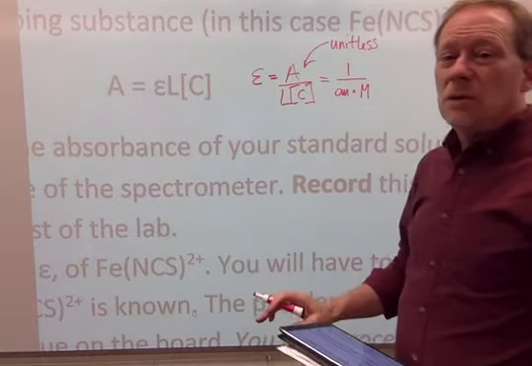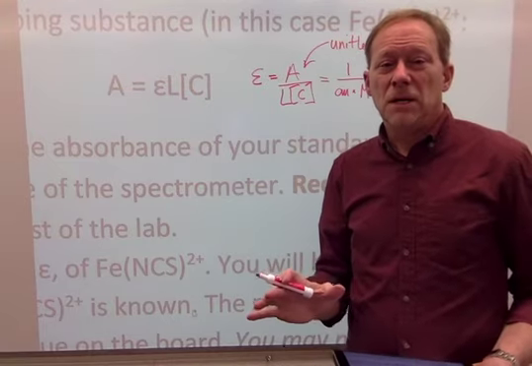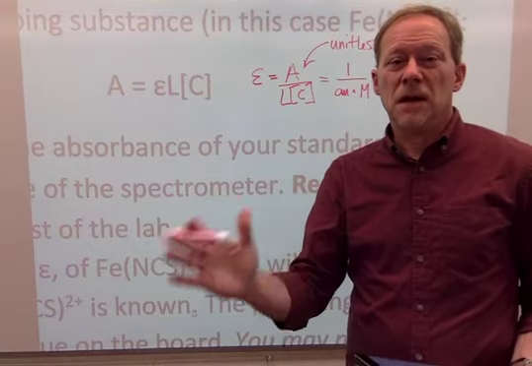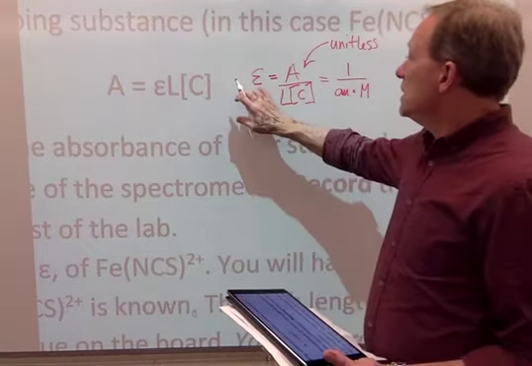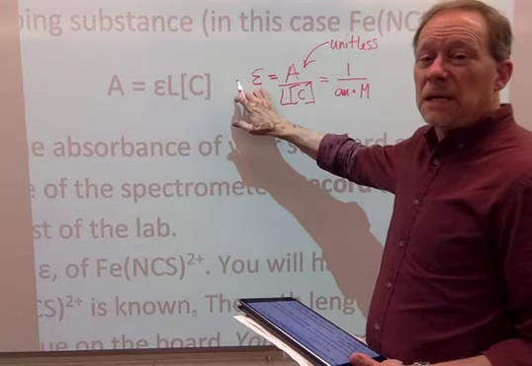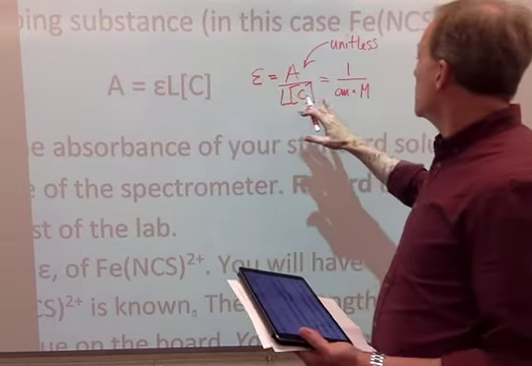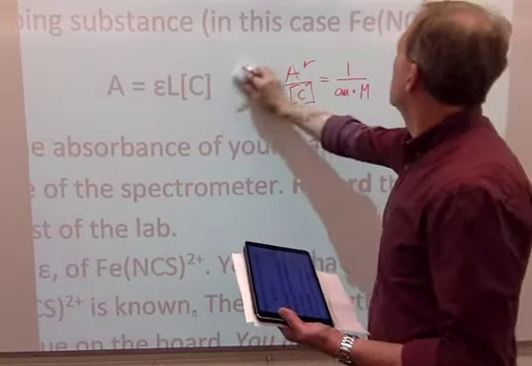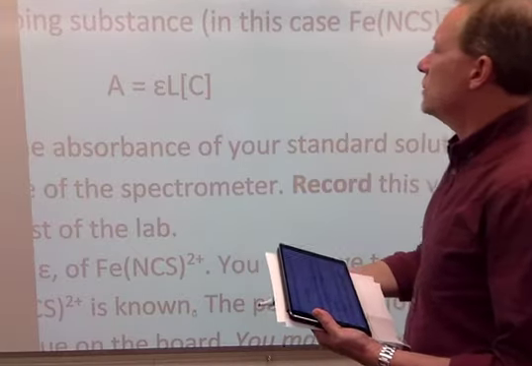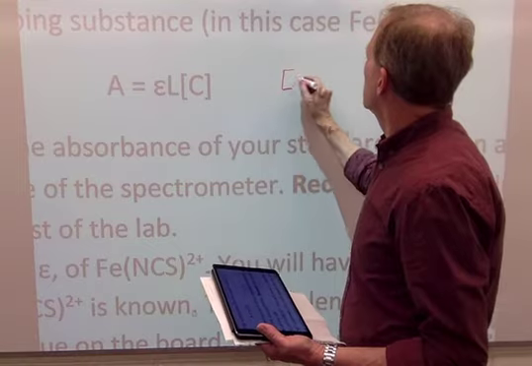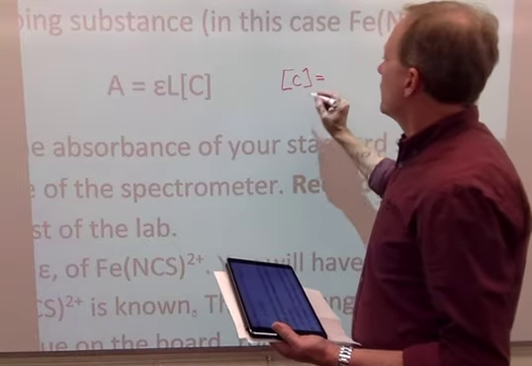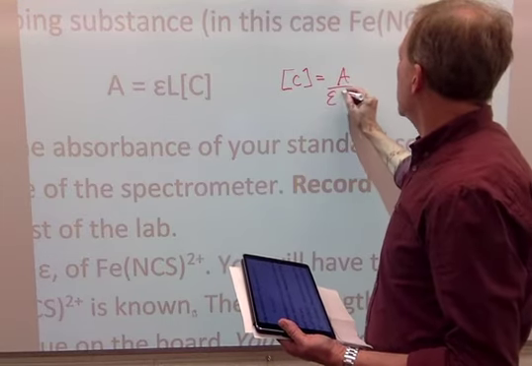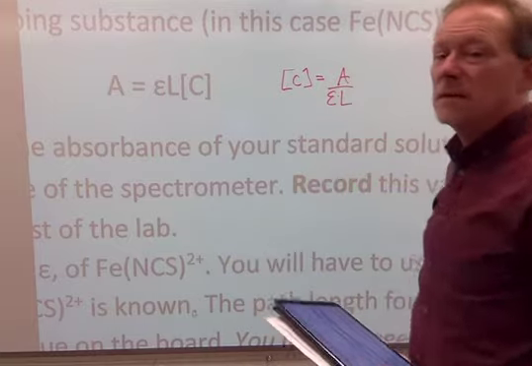When we get to the next part of the lab, you're going to be measuring an absorbance, and you want to use that to find the concentration. In that case, we need to use this value for epsilon from this part B, and we will carry that forward. So in that case, we're going to want to find the concentration from the absorbance divided by the epsilon value, molar absorptivity, times the path length.